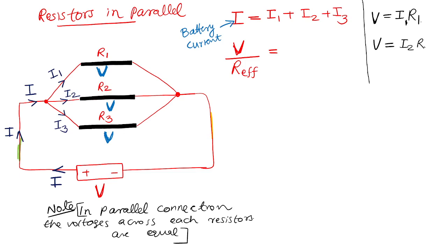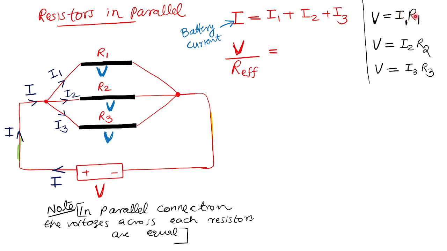All these steps are required. And the potential difference across the third resistor, V, equals current into resistance. Some smaller steps I want to skip. From here, can I say that I1 is V by R1? Is there any mistake? No mistake.